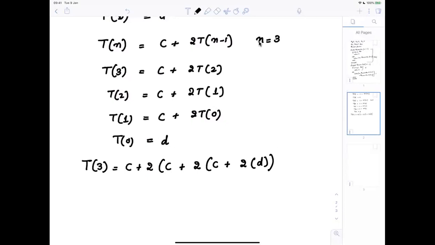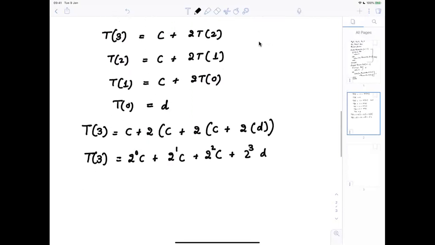Okay, so let us see how many c's are there in this. We have t of 3 equal to 2 to the power of 0 into c, I'm just writing it slightly differently, plus 2 to the power of 1 into c plus 2 to the power of 2 into c plus 2 to the power of 3 into d. This is the total number of c's that are there.